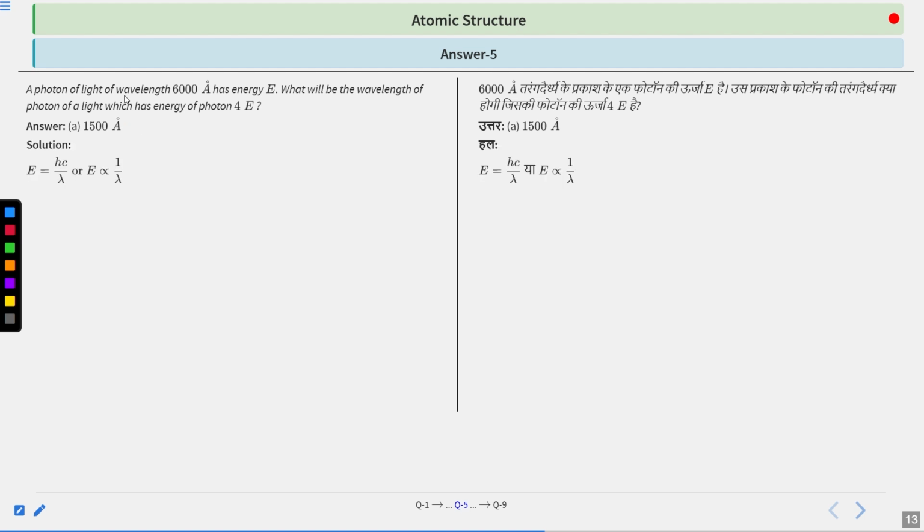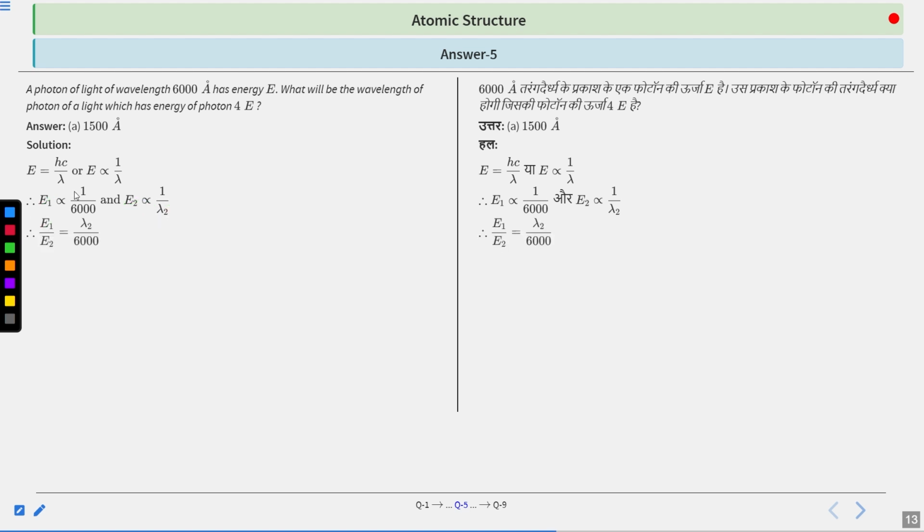Now we know that E is equal to hc by lambda. We know this relation very well. Then we can say that E1 is proportional to 1 by 6000, because hc is constant. Similarly, for E2, whose wavelength is not known right now, we take the wavelength as lambda 2. So E1 is directly proportional to 1 by 6000, and E2 is directly proportional to 1 by lambda 2.